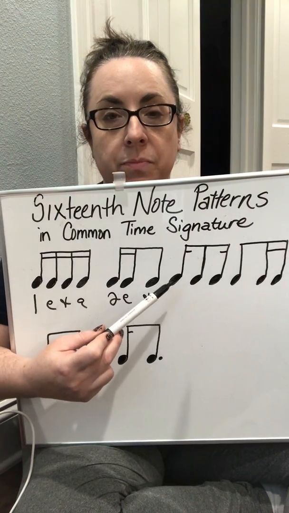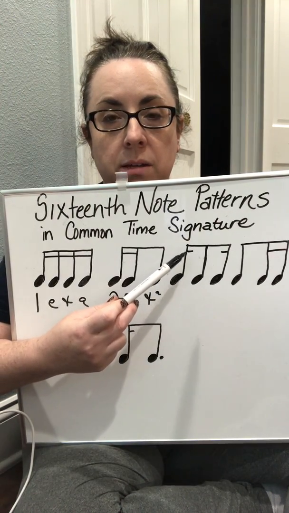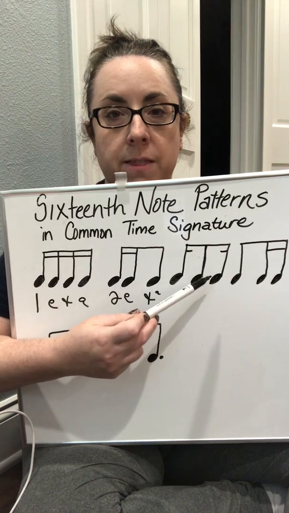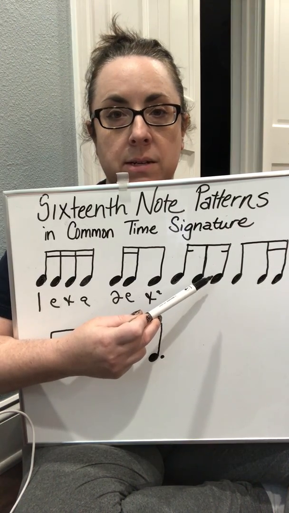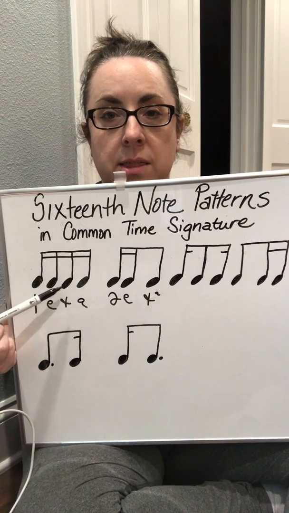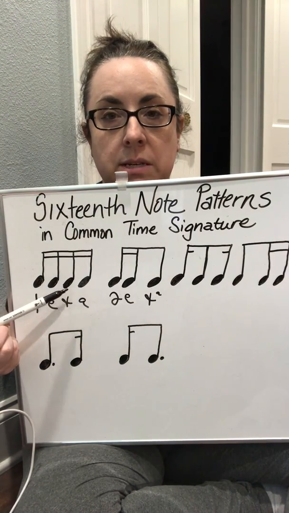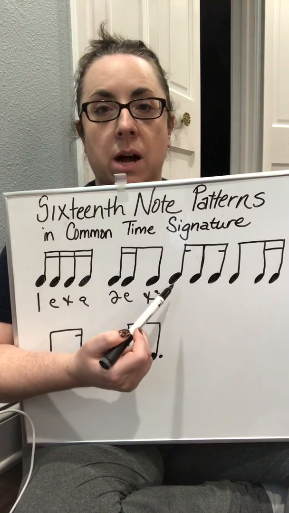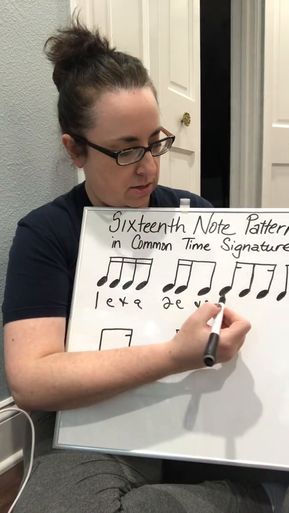Over here, we have a 16th note at the beginning, an 8th note in the middle, and a 16th note at the end. What we've done in this example is we've tied the inner 2 16th notes together. If we were figuring out the rhythm counts, this would be 3.